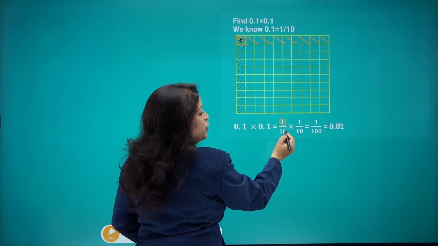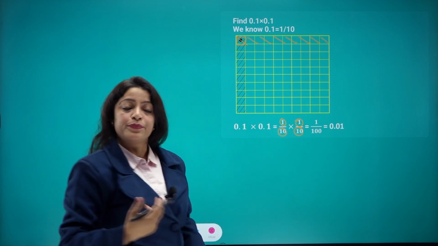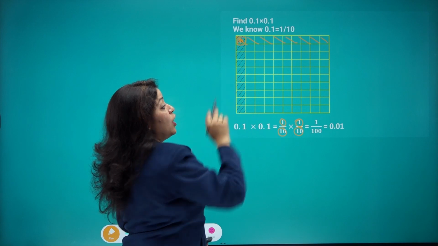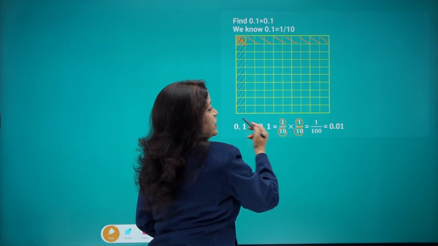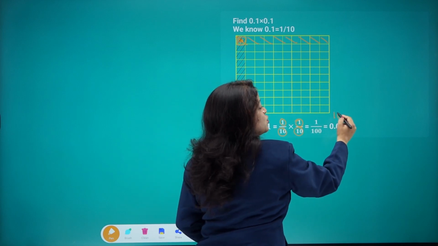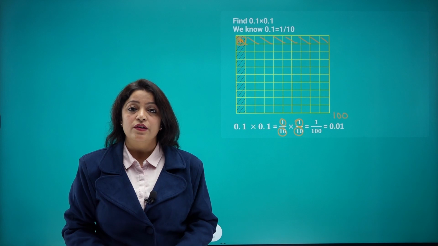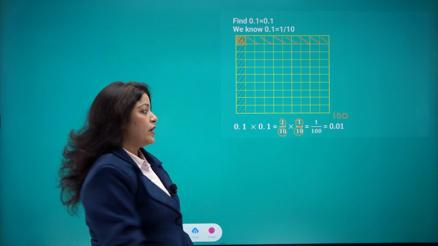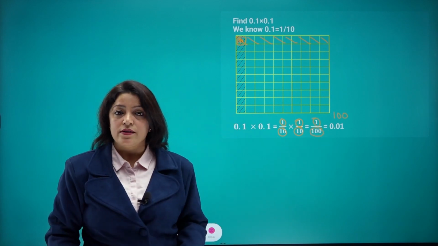First column out of 10 columns and first row out of 10 rows. Since only one part is common, out of how many squares is it? It is out of 100 squares. There are 10 rows and 10 columns, so in all there are 100 small squares in this grid. So out of 100 there is only one part which is shaded.